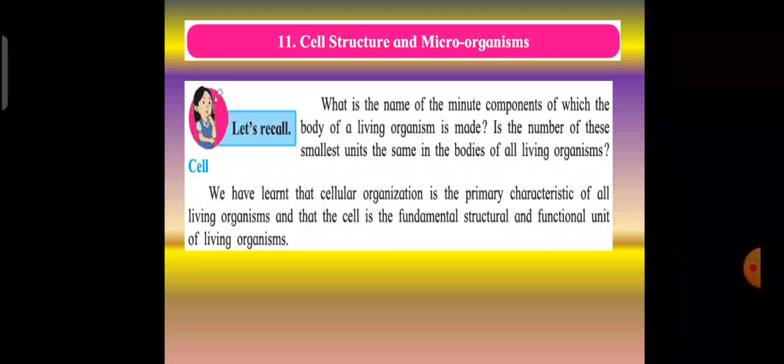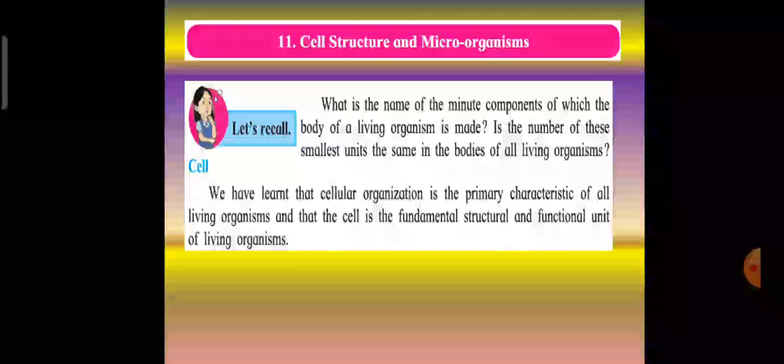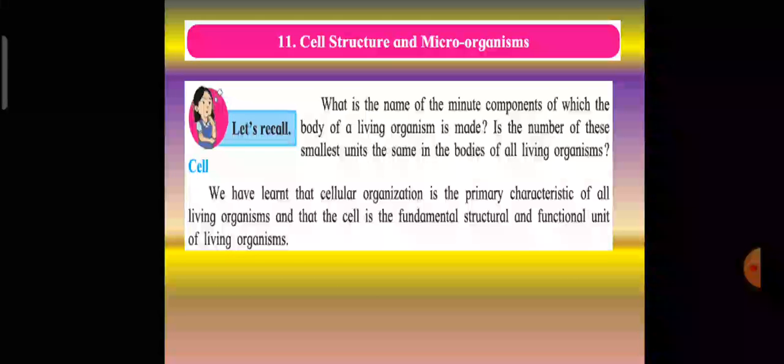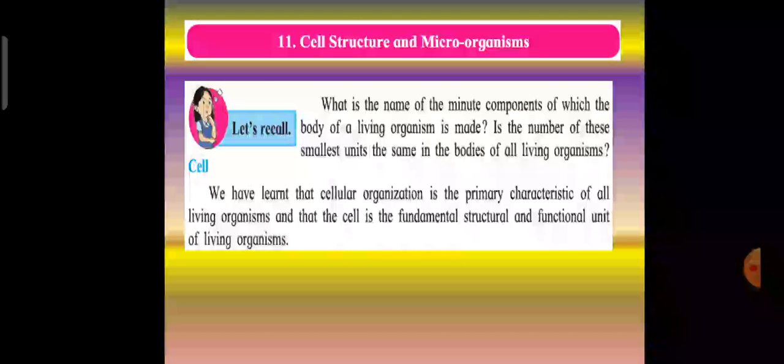So, cellular structure is the main characteristic of living things, even though the number of cells may vary. So, we have learned that cellular organization is the primary characteristic of all living organisms, and that the cell is the fundamental structural and functional unit of living organisms.